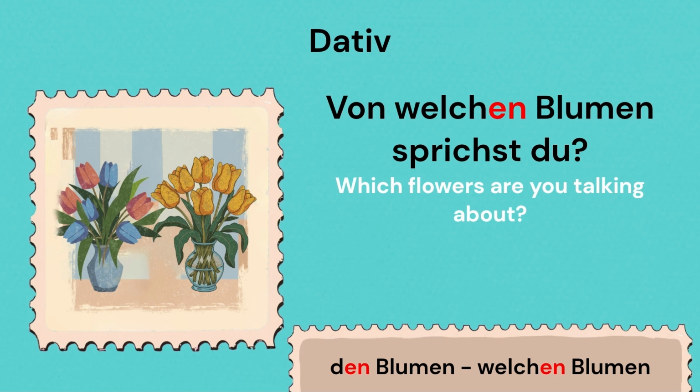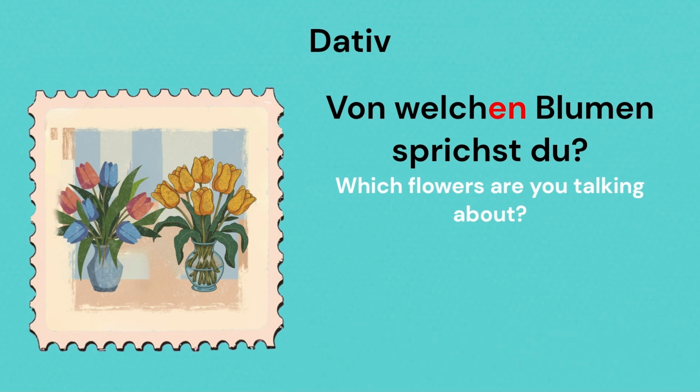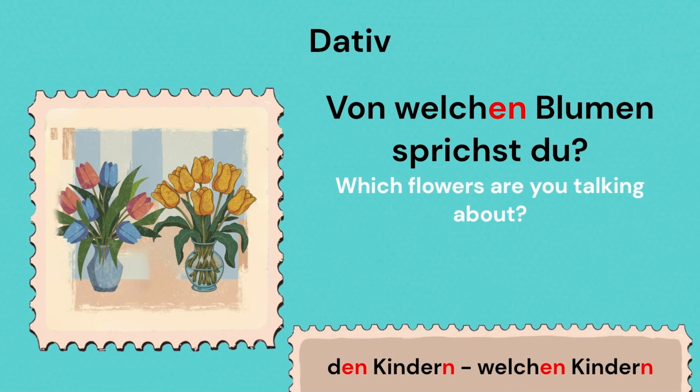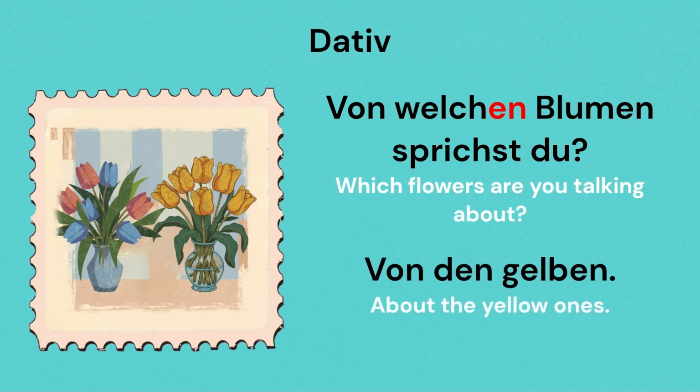Since the plural for Blumen already has an n at the end, there won't be anything extra. But if you were talking about, for example, Kinder, then there would be an extra n. In both cases, den Kindern and welchen Kindern. And here's the answer. Von den Gelben.